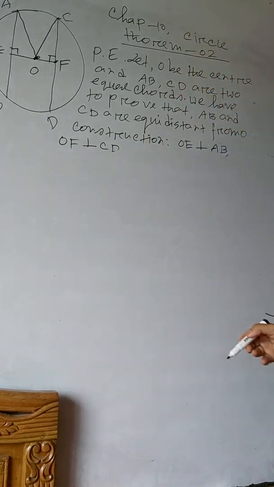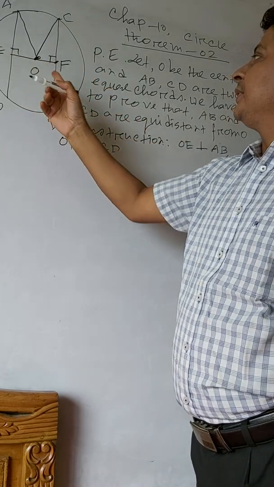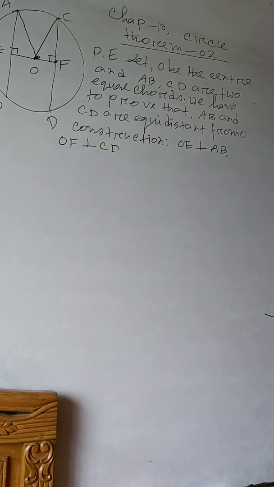OE is perpendicular to AB, OF is perpendicular to CD.